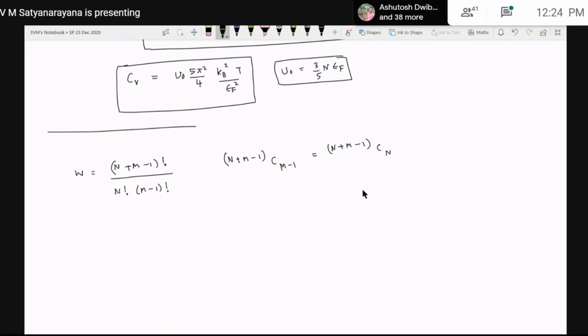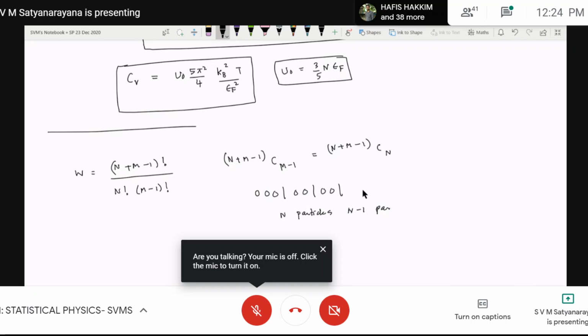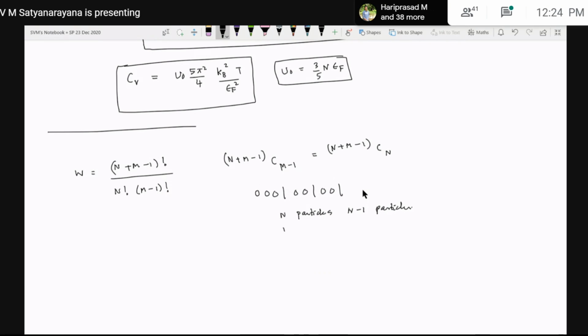See, what I'm saying is that when you have so many quanta and so many partitions, if you have n particles, n minus 1 partitions are there. So when I'm saying you can replace, we have to replace like that only, and you have m quanta. So it is only these partitions and quanta that are replaced.